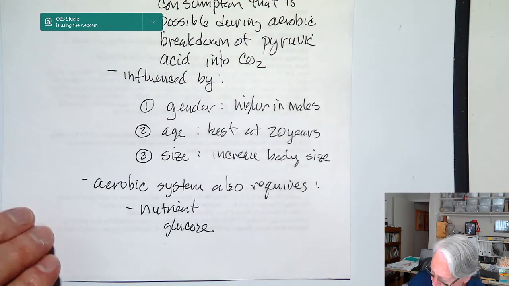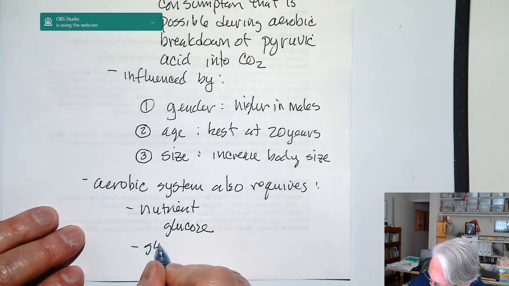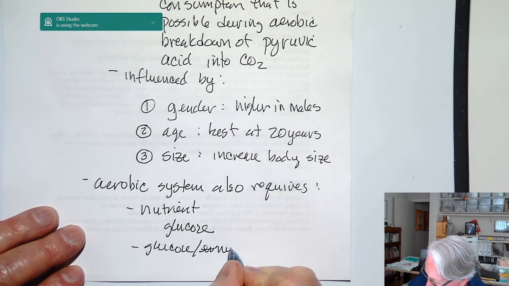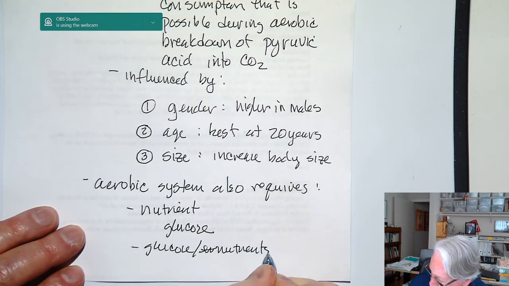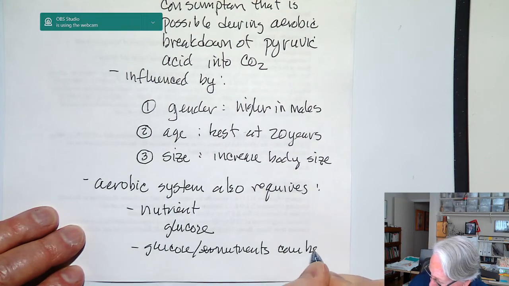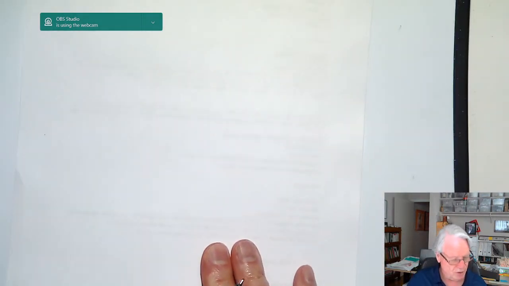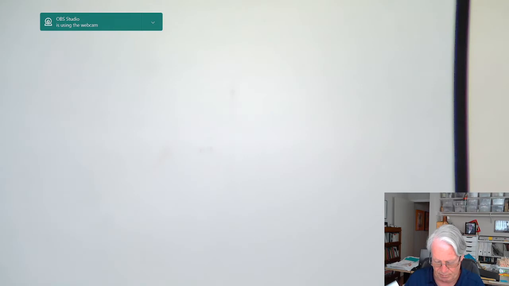Okay. So, glucose can be stored, or nutrients can be stored in the body as well. And where, you may ask, is that possible?